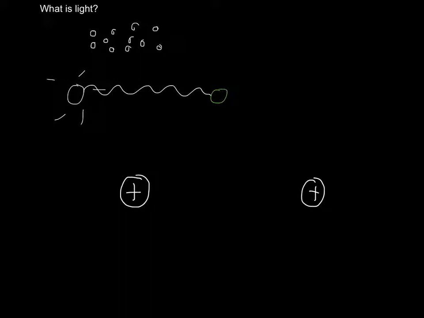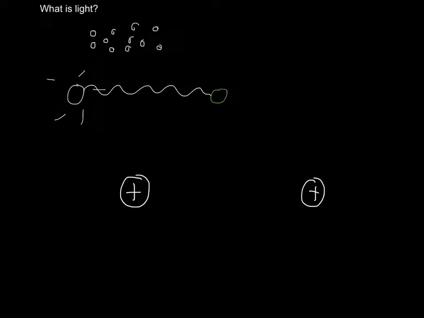Because it is light. Light is basically made of oscillation of this electric field, this web that this guy is making around itself. So every time that I make a charge go up and down, the perturbation in the electric field will be a wave, and that's what light is made of. Just a little perturbation in the electric field.